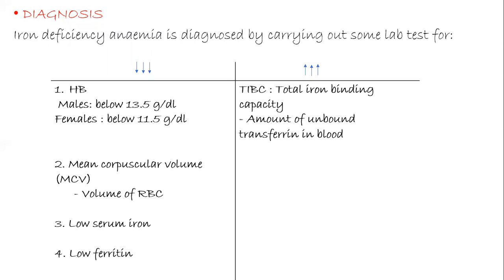The second test is to detect mean corpuscular volume. If there is low serum iron and low ferritin level, what is increased in the body is total iron binding capacity and the amount of unbound transferrin in the blood. So using this we can detect if the person is suffering from anemia.